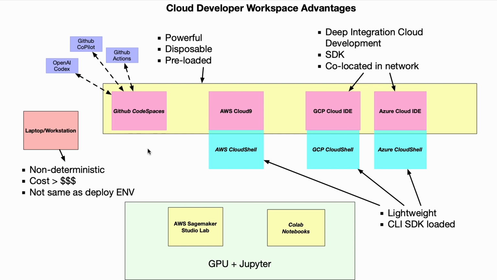Now, if we go to the cloud here and we take a look at some of these cloud-based environments, we can see that GitHub Codespaces, AWS Cloud9, GCP Cloud IDE, Azure Cloud IDE, all of these have many things in common in that there is typically an IDE that's customized for development. In the case of GitHub Codespaces, the unique features are that it does have easy integration with GitHub Actions, which is the continuous integration system.